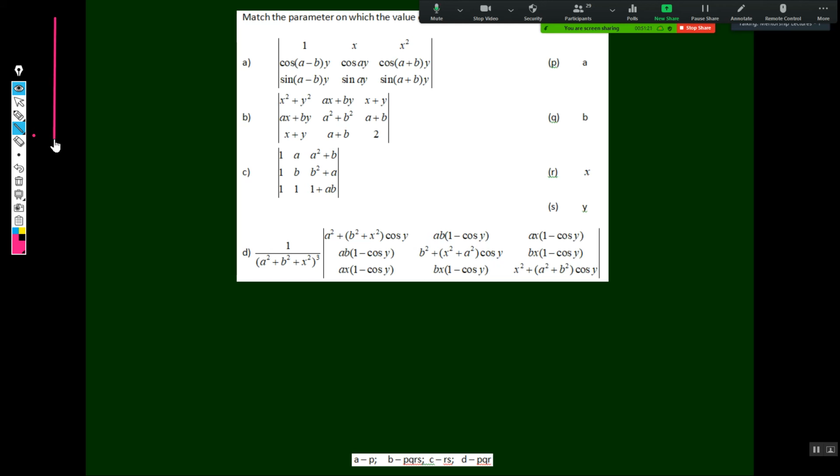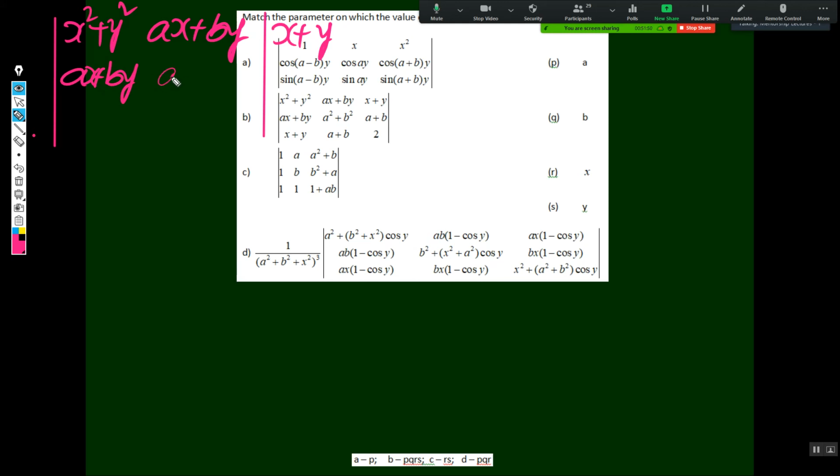This is, let me write first, determinant of x square plus y square and it is ax plus by and x plus y, ax plus by and it is a square plus b square and it is a plus b, x plus y, a plus b, 2.